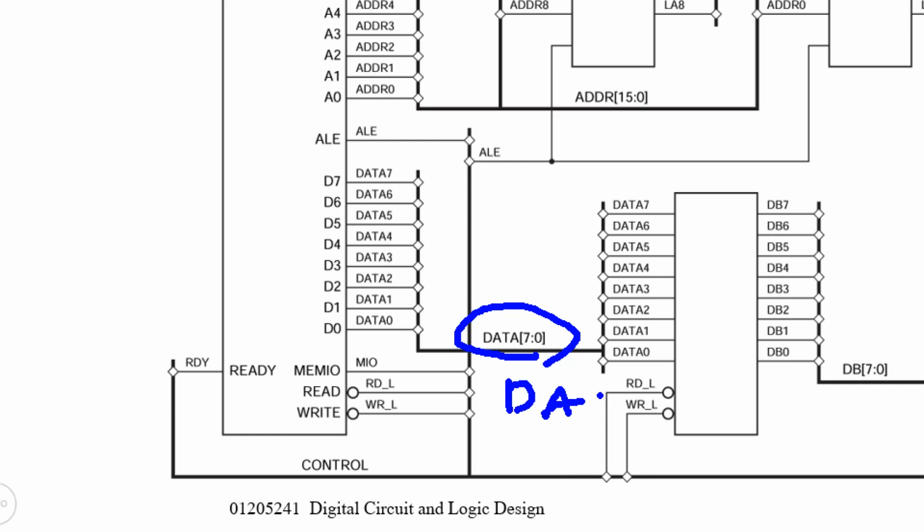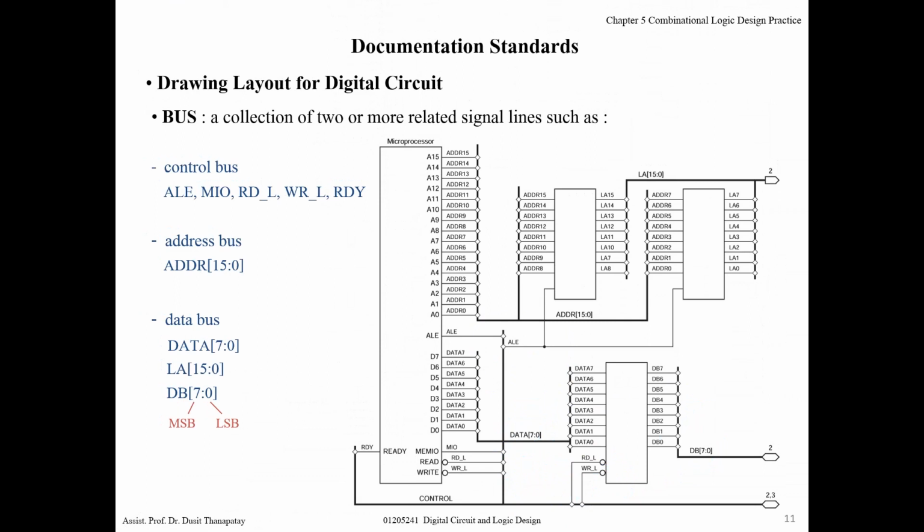There are data 7, right? Data 6, and so on until data 0. So there are 8 bits for the data signal. Then we write it with a symbol. So it's quite easy for you, right?